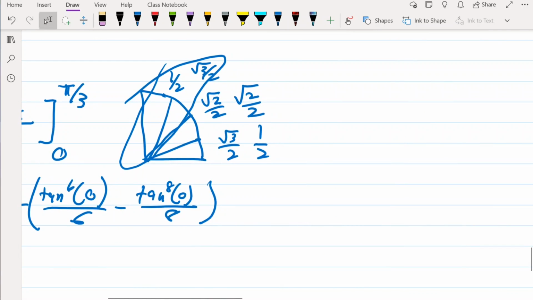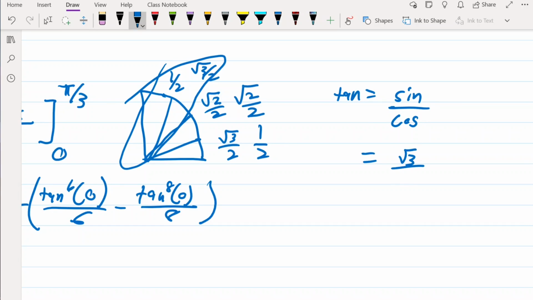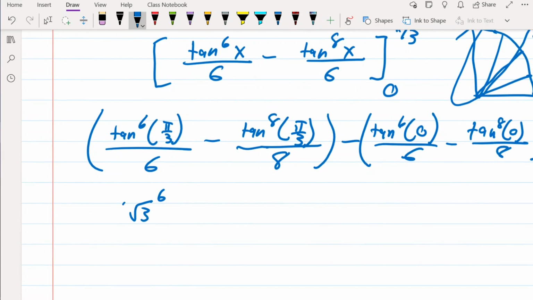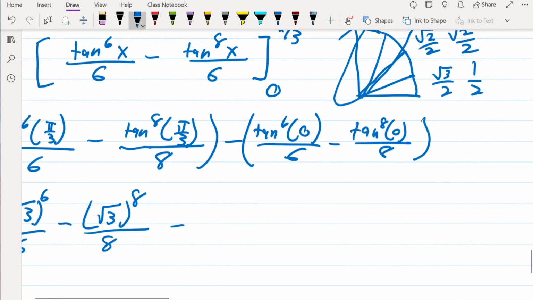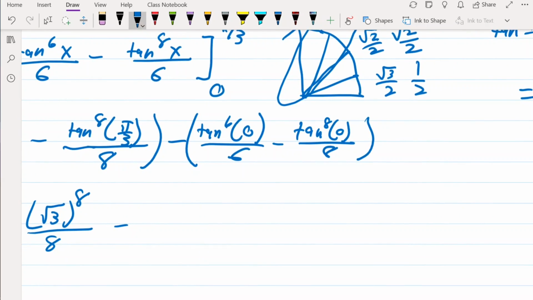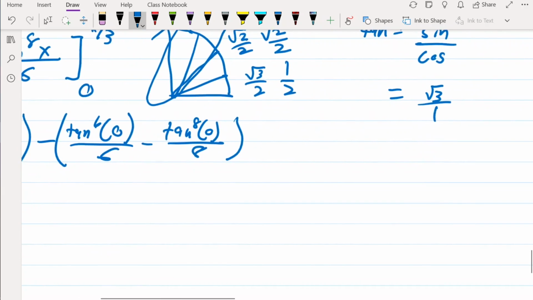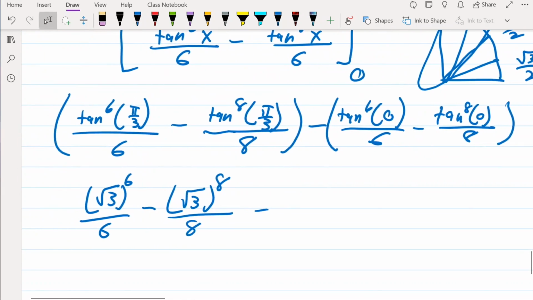Because tangent equals sine over cosine, that is going to equal root 3 over 1, which means that this will be root 3 to the 6th power over 6 minus root 3 to the 8th power over 8 minus tangent of 0, which is 0, so this is all just going to be 0.